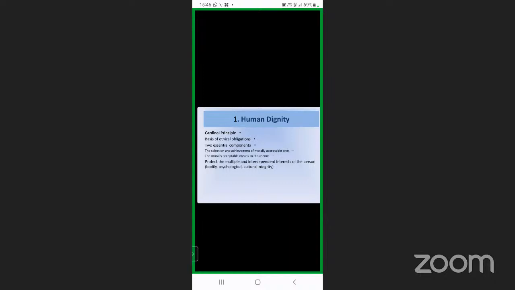The person has to give permission if we are using his physical parameters for our study, then psychological parameters, cultural integrity. So for all these we have to maintain research ethics.